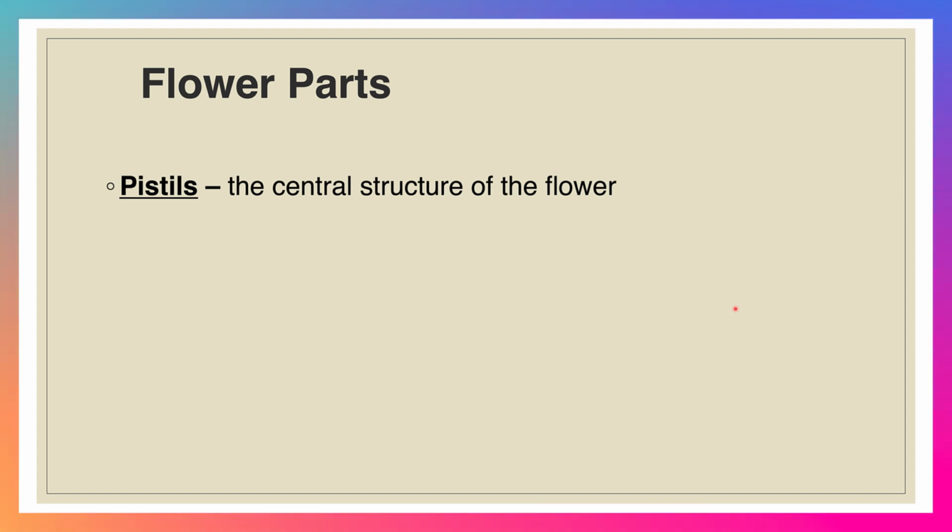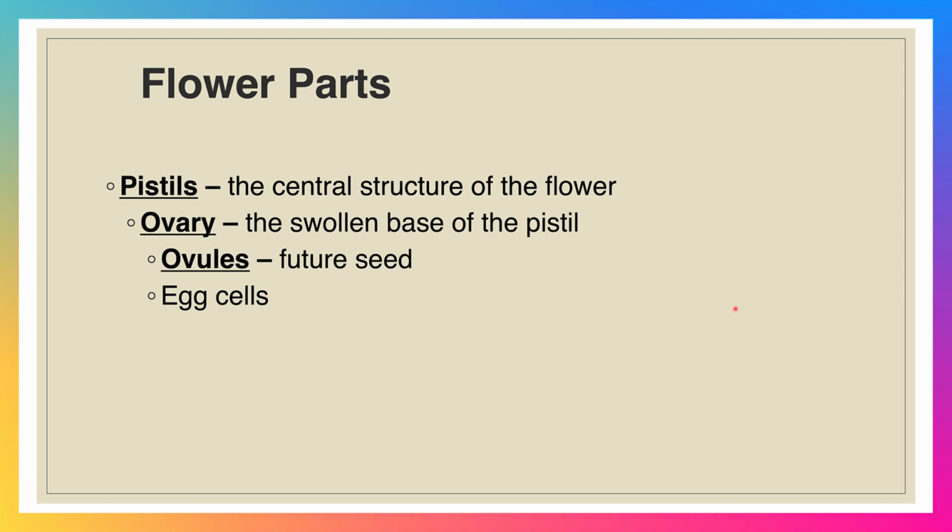The central structure of the flower, the sort of, quote, female structure of the flower, is called the pistil. And the pistil contains the ovary, which is the base of the pistil, and inside that ovary is the ovule or future seed, which contains the egg cells.